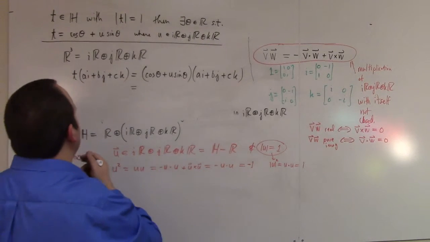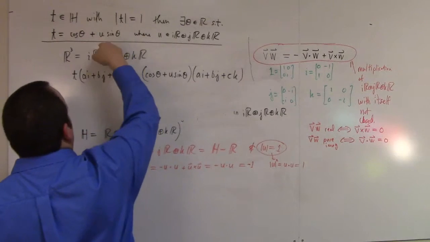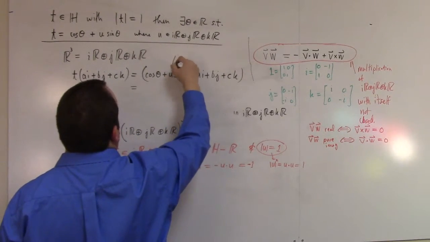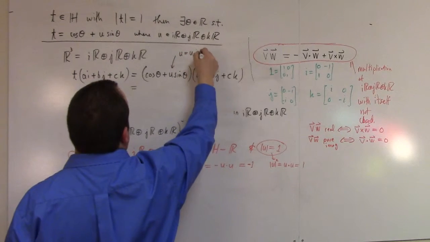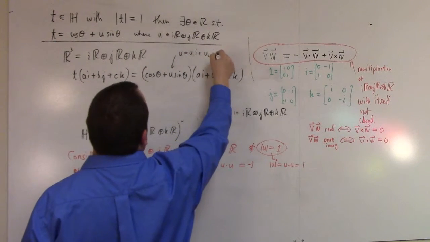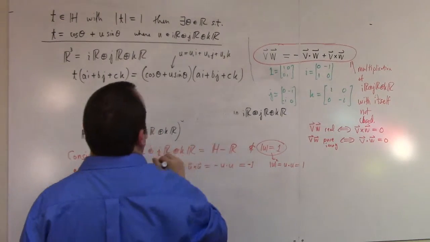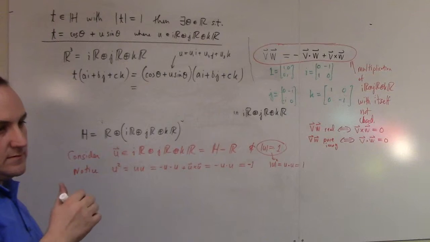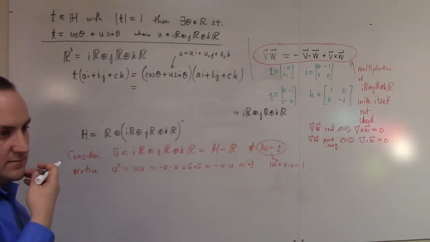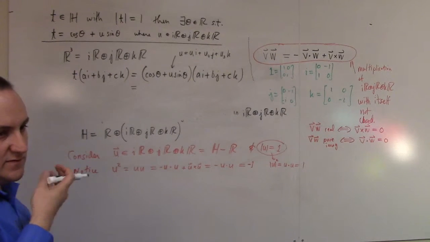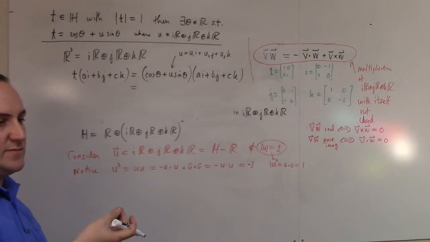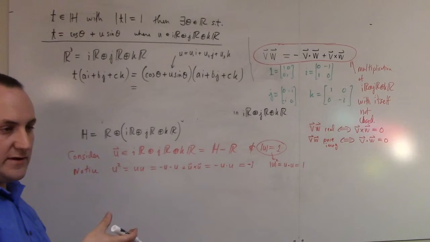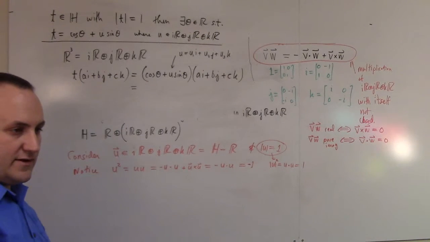U is pretty much an arbitrary element, some element of the pure imaginaries, something like U1 i plus U2 j plus U3 k. When you multiply that, you're going to pick up a real part, so unless U is 0, you're going to have a real somewhere. So this won't work. It's why multiplication by a quaternion of length 1 doesn't produce a rotation in R3. Oh, man. I know, right?